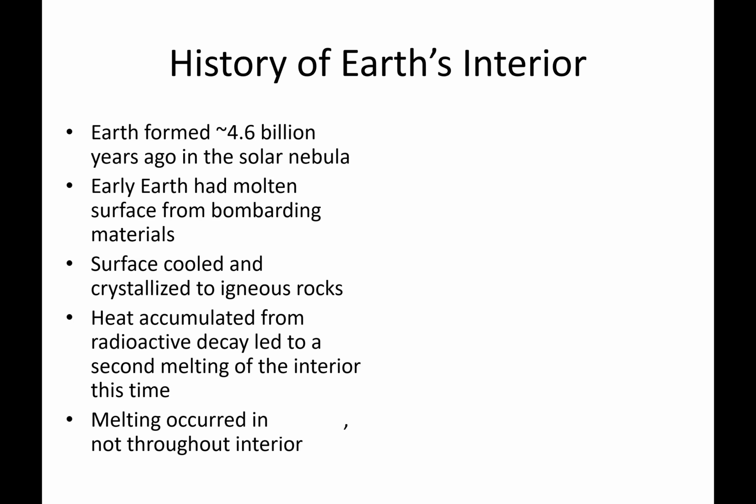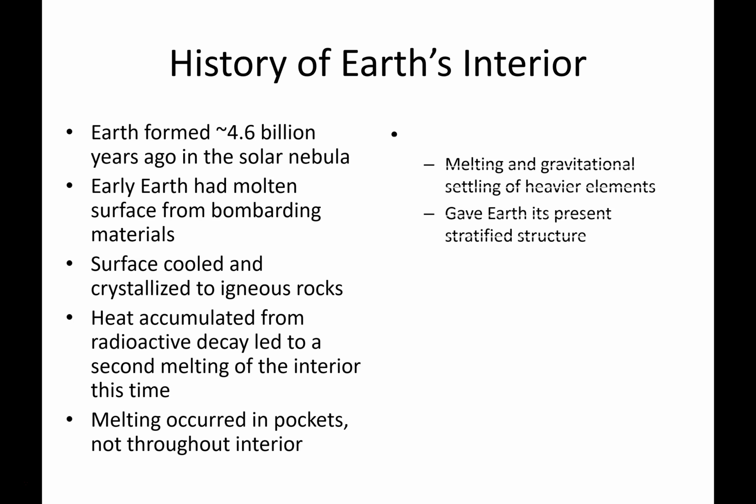An element that's heavier breaks apart, loses a proton, converts some of the subatomic particles, and becomes something lighter. It releases energy. So that second melting occurred in little pockets throughout the interior.